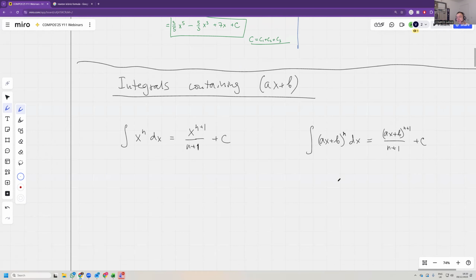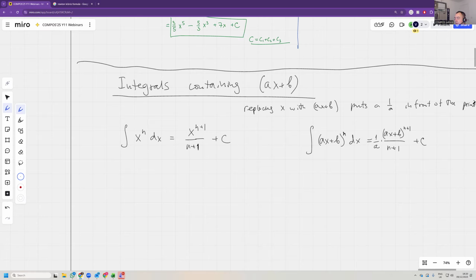And I have good news for you. It actually is, with one little tweak. You just need to put 1 over a in front. And that's it. So it works. So replacing x with ax plus b puts a 1 over a in front of the primitive.